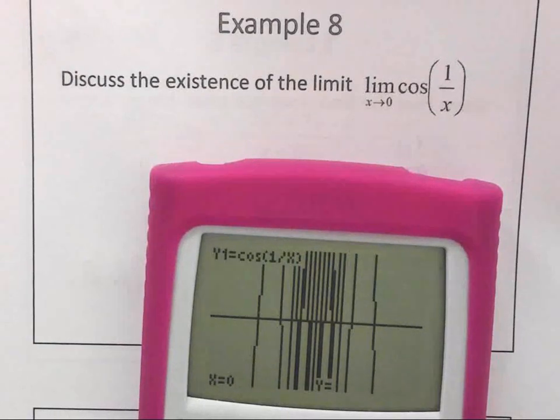Okay, let's try tracing this. If I put in 0, it doesn't exist, right? So if I put in .0001, so 4 zeros and a 1. Oops, I meant to hit trace first, sorry. So that's a negative number, right? Negative .999, so it looks like it's approaching negative 1.